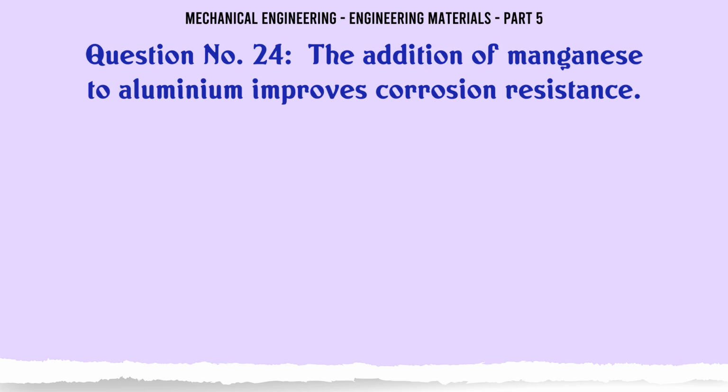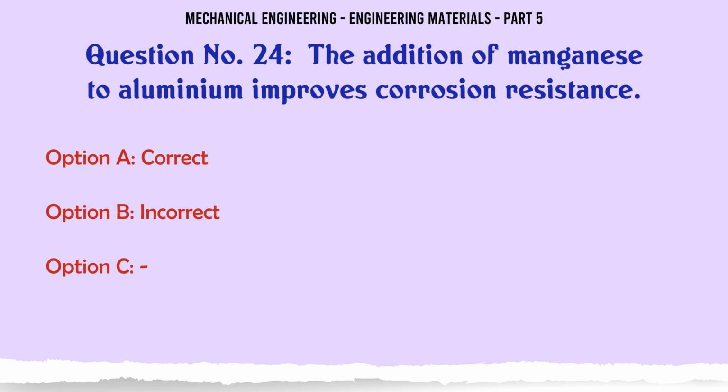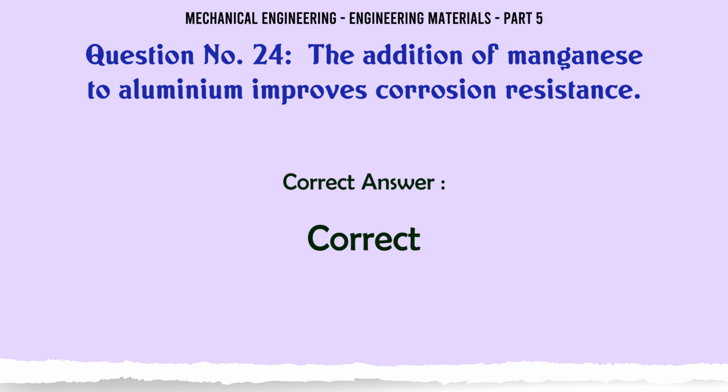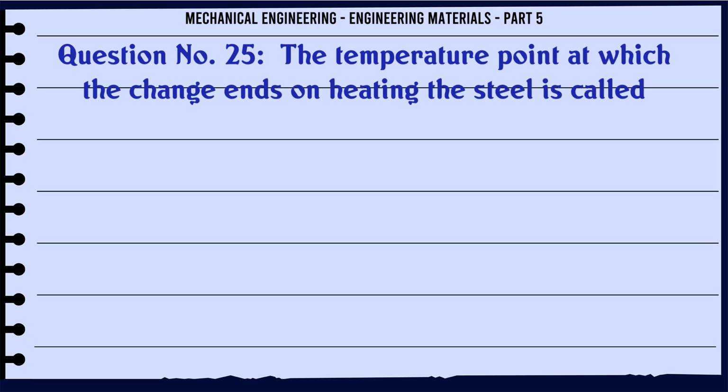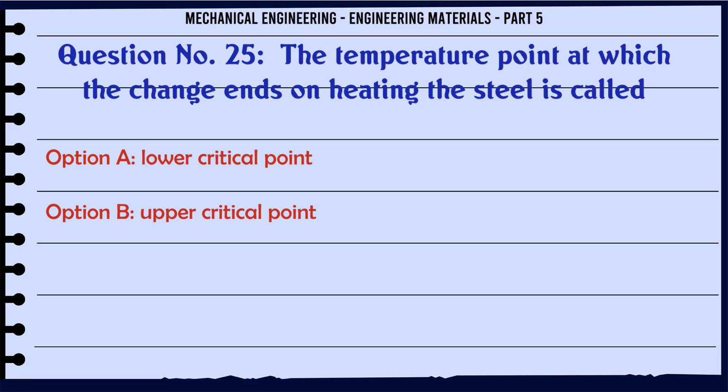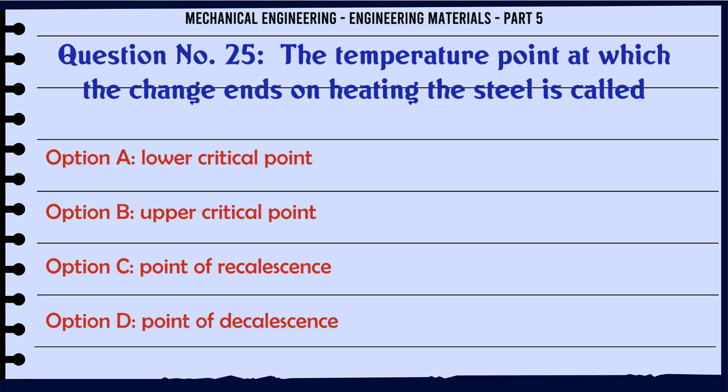The addition of manganese to aluminium improves corrosion resistance. A. Correct. B. Incorrect. The correct answer is correct. The temperature point at which the change ends on heating the steel is called A. Lower critical point. B. Upper critical point.